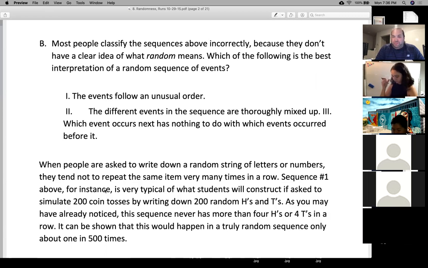Sequence 1 above, for instance, is very typical of what students will construct if asked to simulate 200 coin tosses by writing 200 random heads and tails. As you may have noticed, the sequence never has more than 4 in a row. It can be shown, we're not going to do it, but it can be shown that this would happen in a truly random sequence about 1 in 500 times.